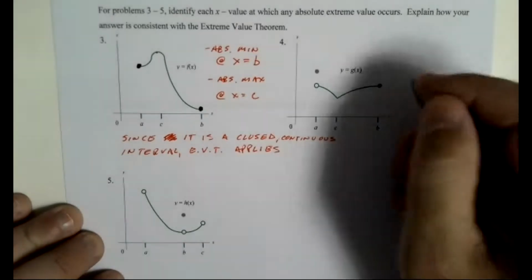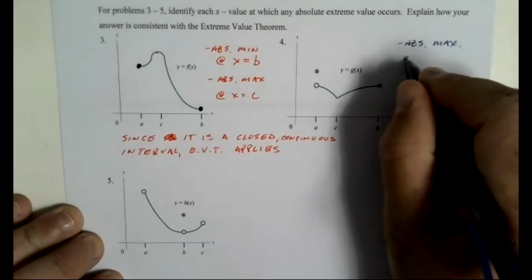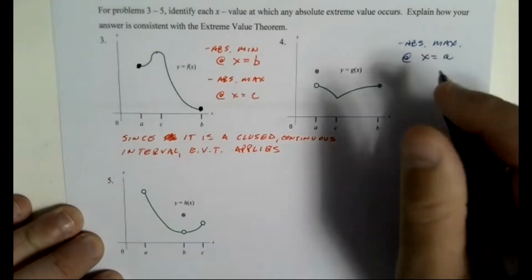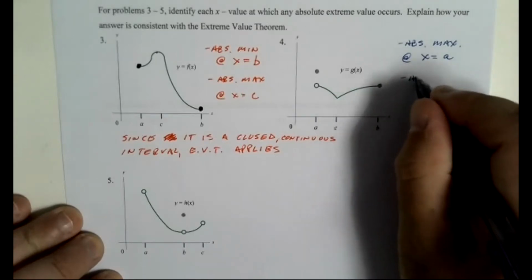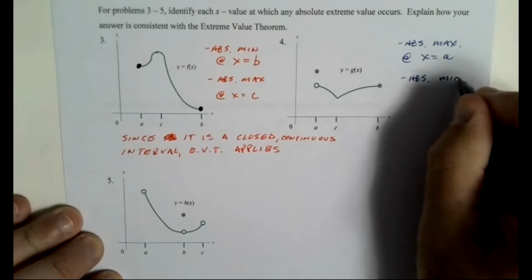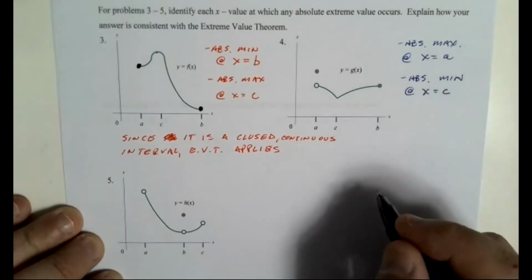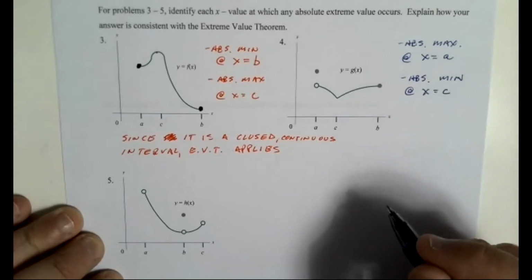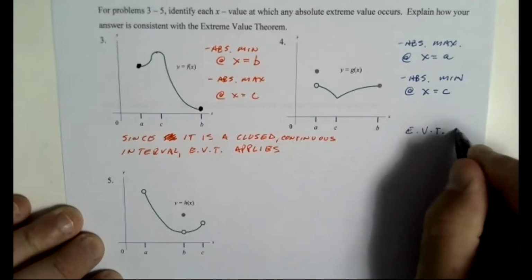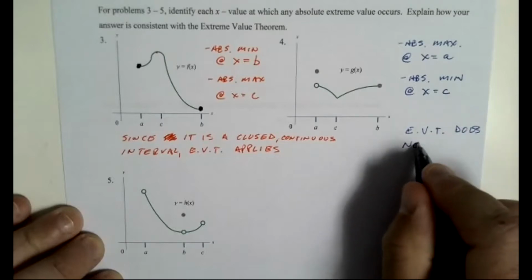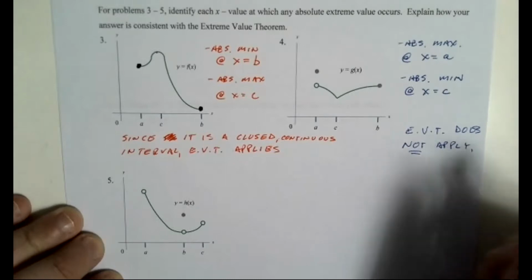This one, you're going to have an absolute max at x equals a, and you're going to have the absolute min at x equals c. So here the EVT does not apply. It's not continuous.